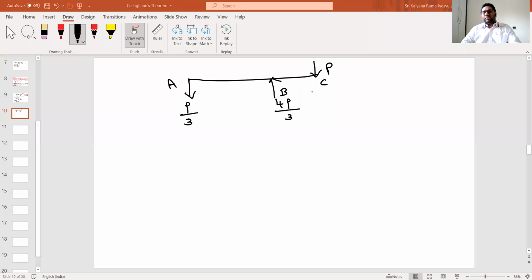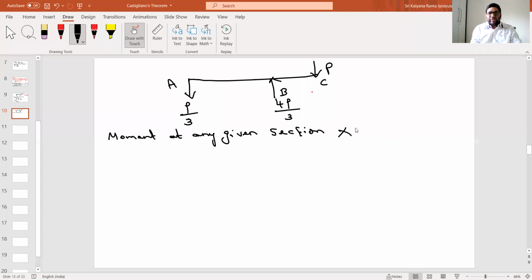So moment at any given section X. That can be here or that can be here. Let me just try to sketch it. The section X can be here and here also, because the beam has two portions, AB and BC.